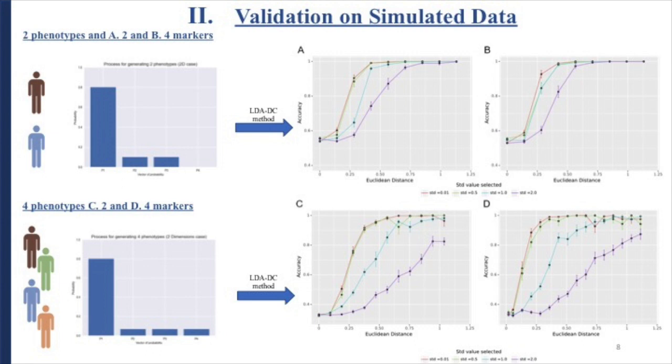When the Euclidean distance is equal to 0, we can't separate them with high accuracy, which is normal because an Euclidean distance equal to 0 means that patients are exactly the same. We then tested our approach on 4 phenotypes, redoing exactly the same thing by switching the different probabilities, and found that when the Euclidean distance is high, we can separate the patients with high accuracy, and when it is low, we can't.